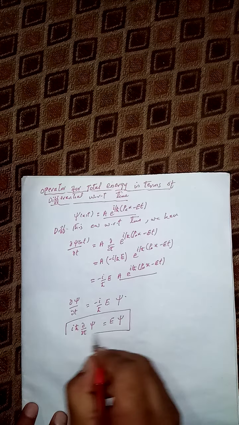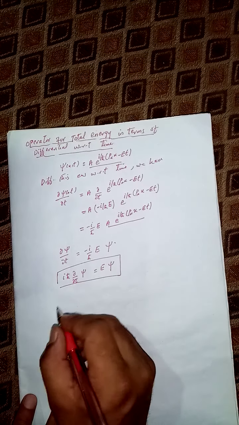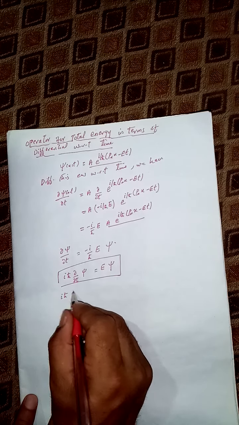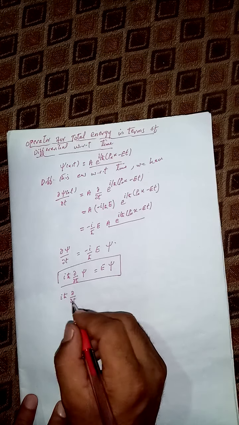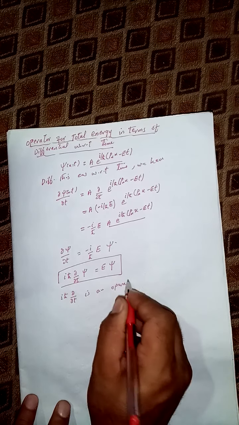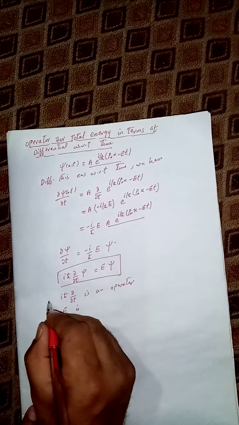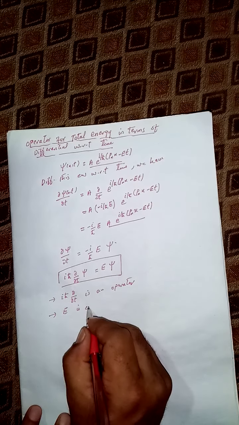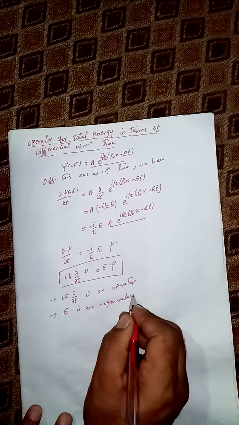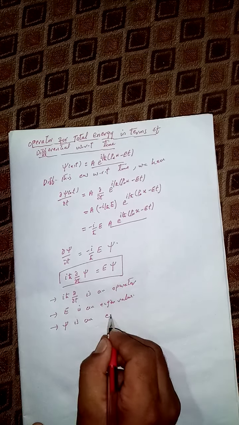Now this is an eigenvalue equation, where iota h bar partial by partial t is an operator, E is an eigenvalue, and psi is an eigenfunction.